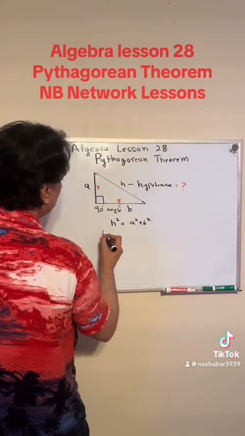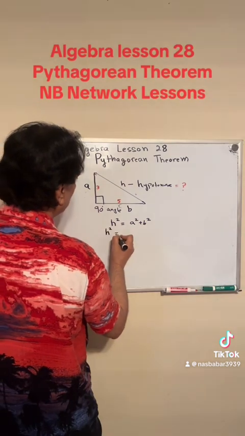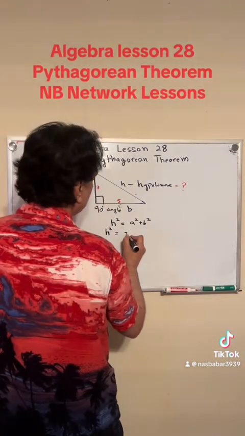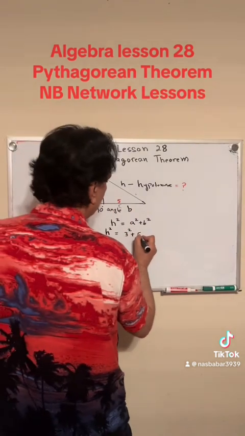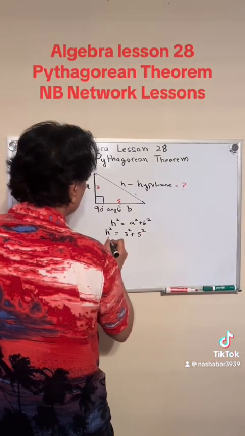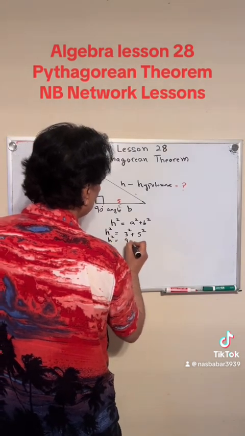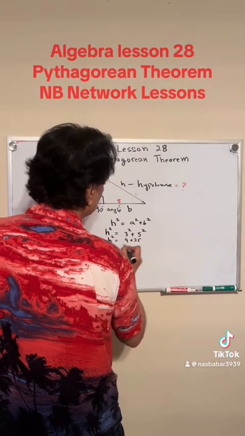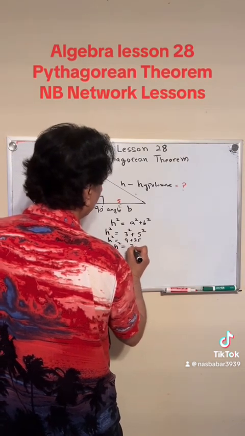So you can say H square, hypotenuse square, is equal to A, which is 3 square, plus 5 square, okay? So then H square is equal to 9 plus 25. So H square is equal to 34.